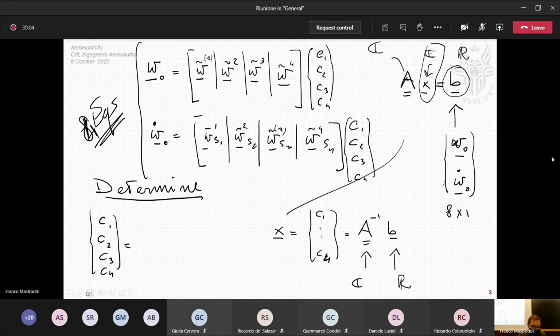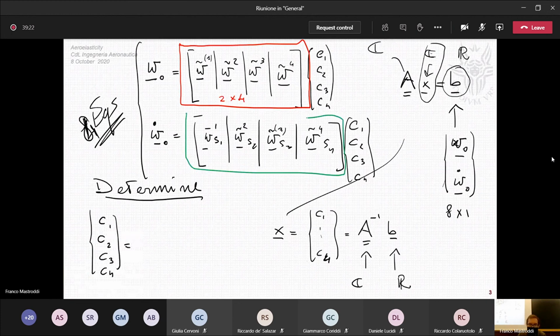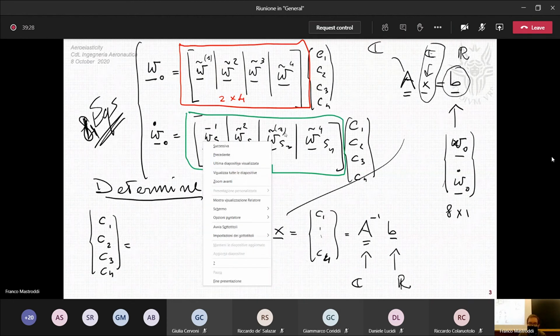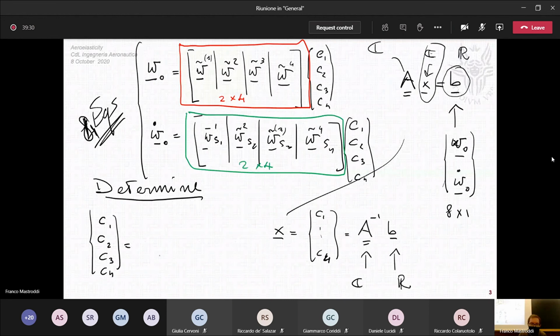Look at this colored representation. This is a 2 by 4 complex matrix, and again this is a 2 by 4 complex matrix.